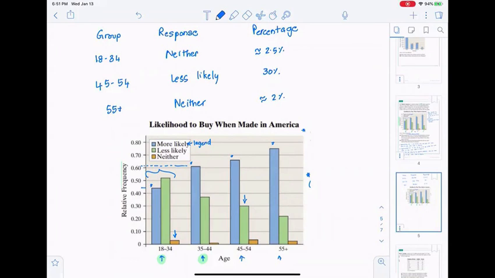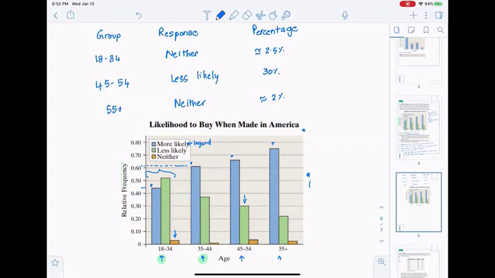And from the graph, it is very clear that the percent of people who don't mind at all is always very small. If you look at the orange bars, it is very tiny in all age groups. And in all age groups, when we see Made in America, it makes us buy the product rather than saying, I'm not going to buy the product, because the less likely bar is not that high.